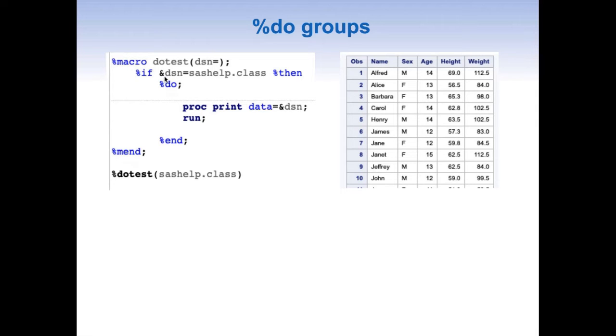What if I don't have this %do and %end? As you all know, every do should have an end, and in this case we have %do and we have %end. We have this %do to handle these two semicolons, one after this proc print statement, another after the run statement.